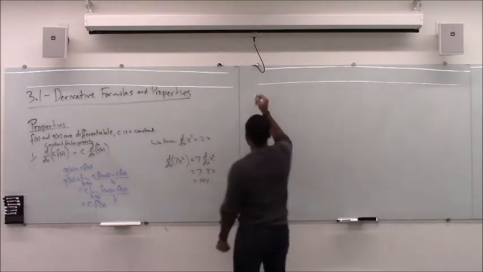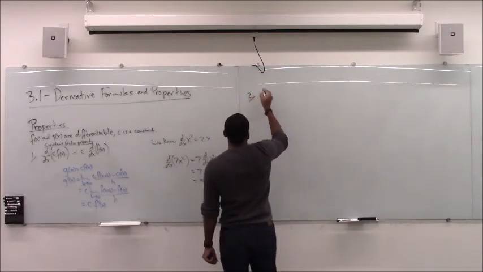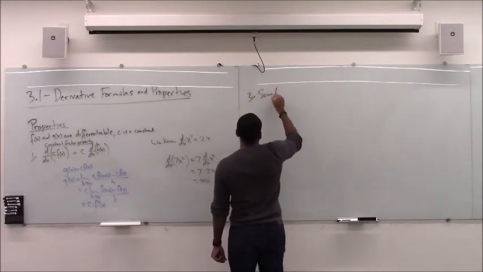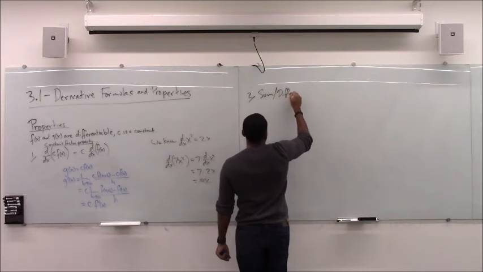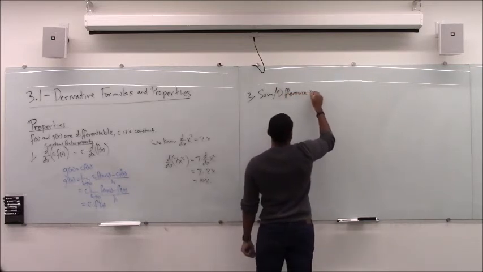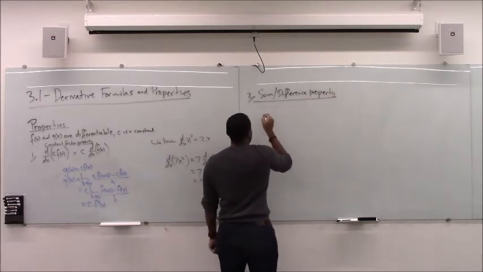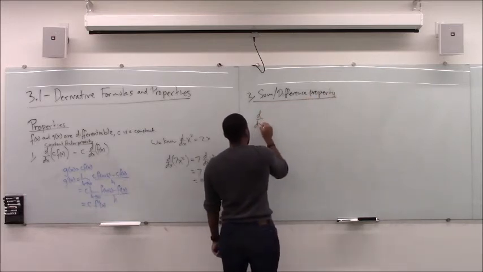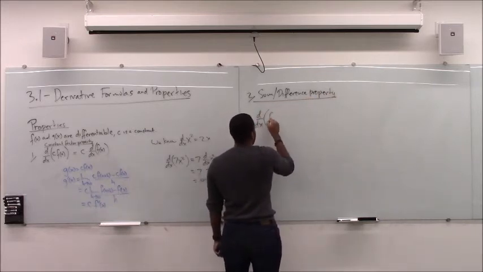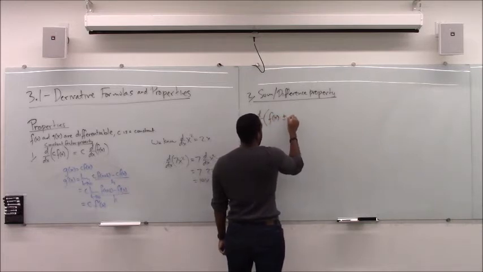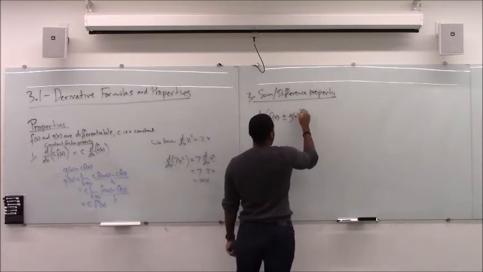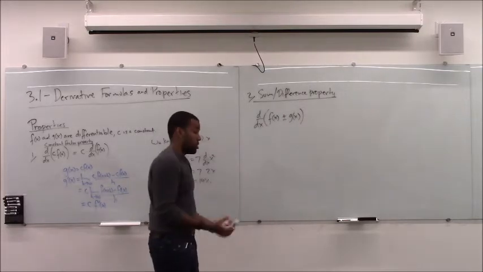Here's another important property. It's called the sum difference property. This basically says, if I want to find the derivative of a sum of functions, so if I'm adding or subtracting two functions, f and g, how can I find the derivative of the sum?